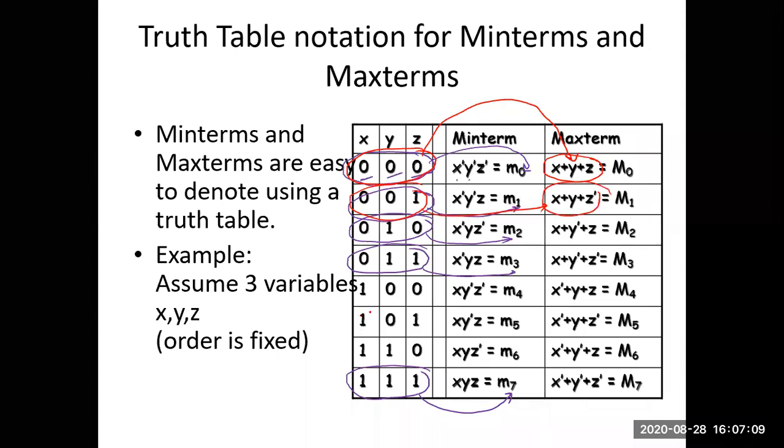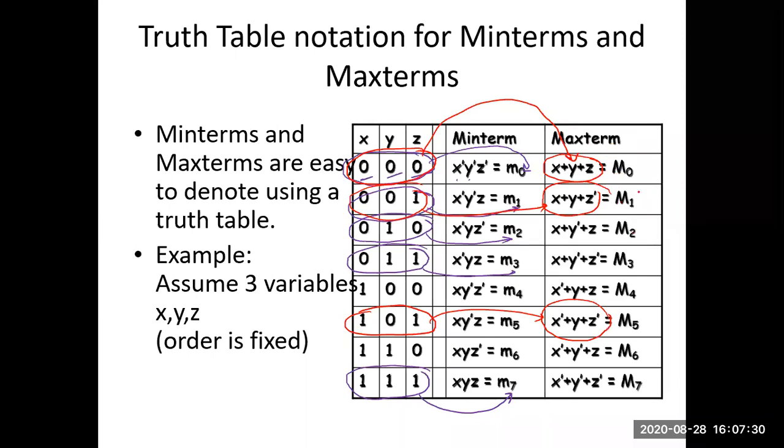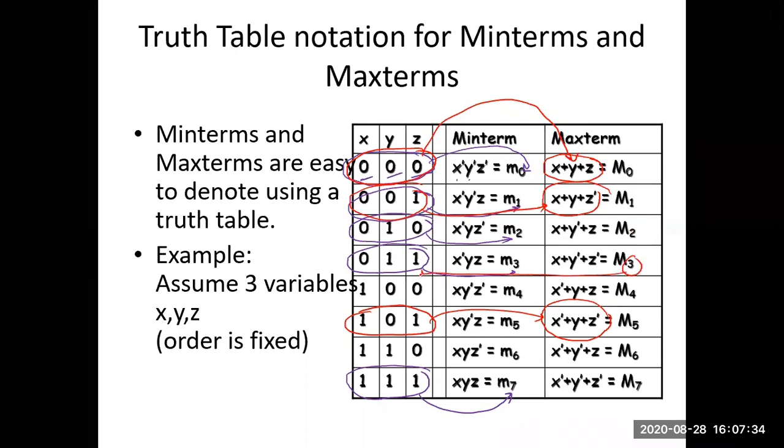If I take 1 0 1, this is x bar plus y plus z bar. In this way I am writing my maxterms. If you want to represent them in terms of small m and capital M, the maxterm is represented with capital M, and this number, like 3, is the decimal equivalent of its binary combination.